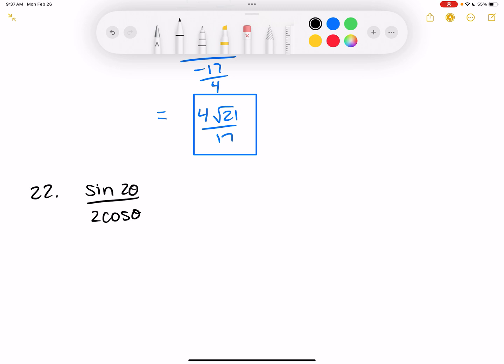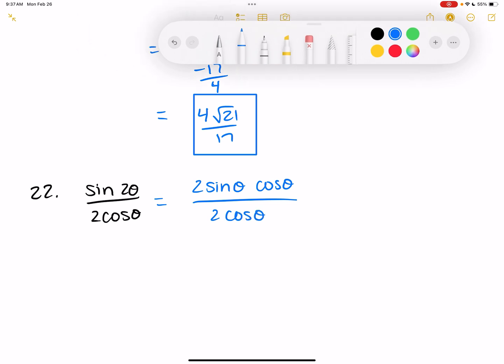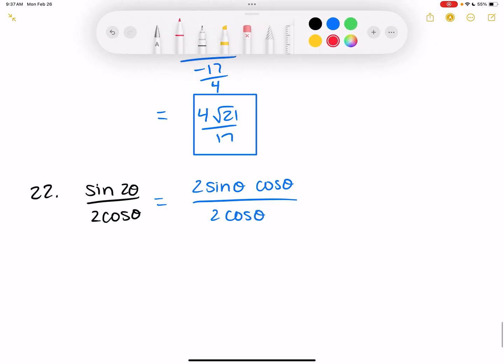So sine of 2 theta can be rewritten as 2 sine theta cosine theta over 2 cosine theta from the bottom. Then we're canceling things that we can cancel. So 2's cancel, cosines cancel, and I'm left with sine theta.